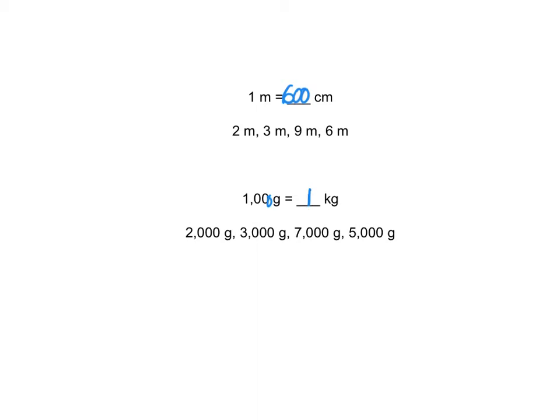Now as we're looking at these next numbers, you can look at 2,000 grams, and that is how many kilograms? 2,000 grams is 2 kilograms. 3,000 grams, write it down on your board. 3 kilograms. 7,000 grams. 7 kilograms. 5,000 grams. 5 kilograms.